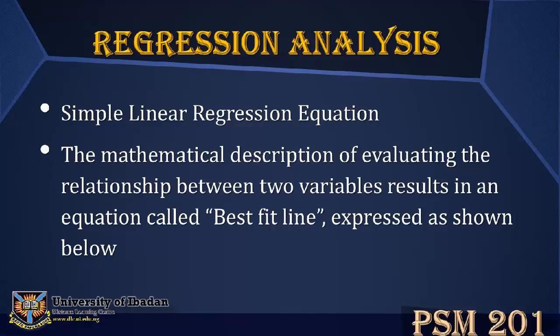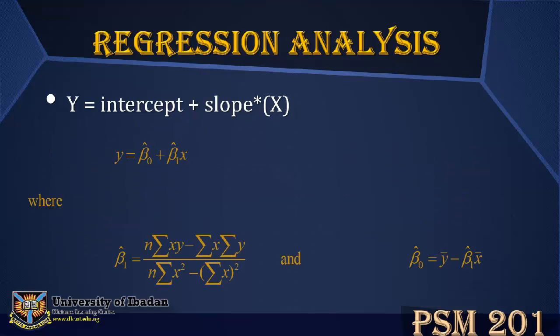Simple linear regression equation. The mathematical description of evaluating the relationship between two variables results in an equation called the best fit line, expressed as shown below. Y equals intercept plus slope x.